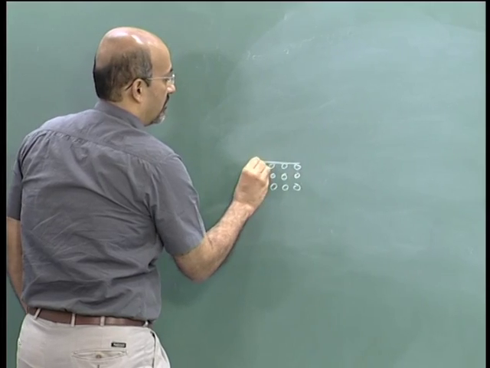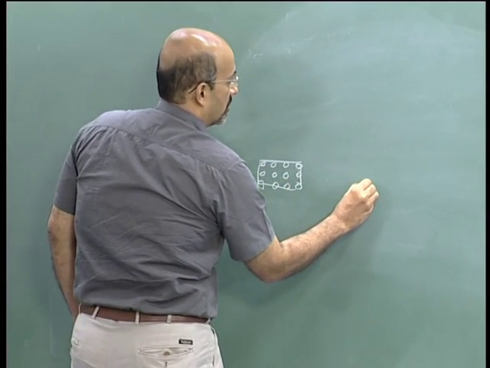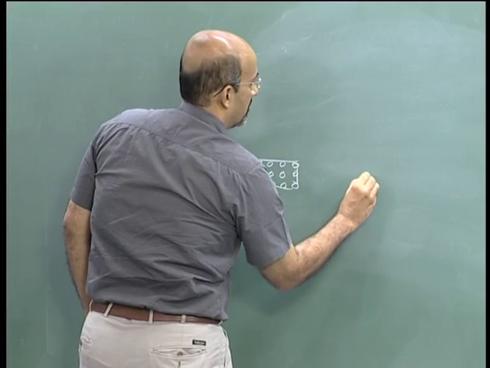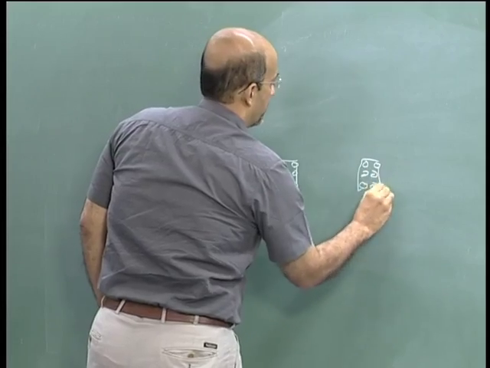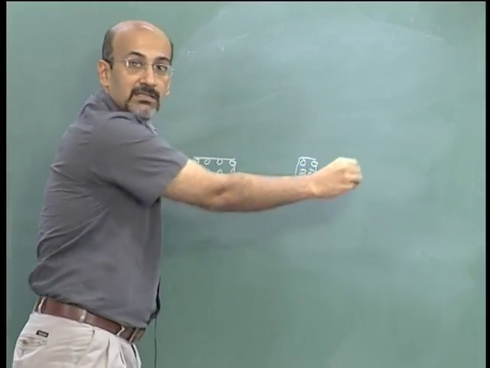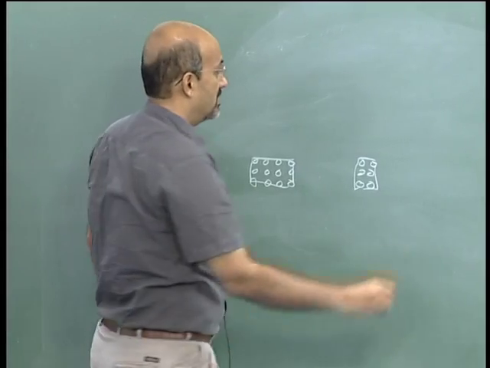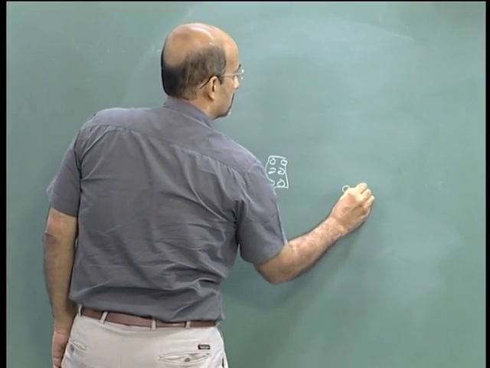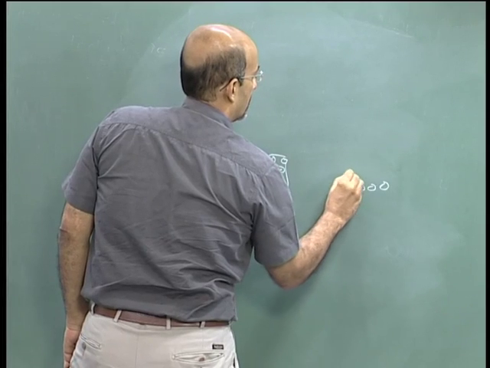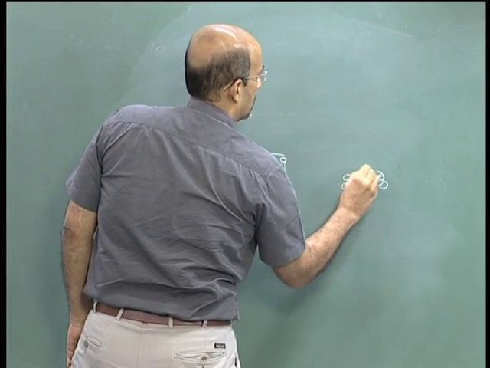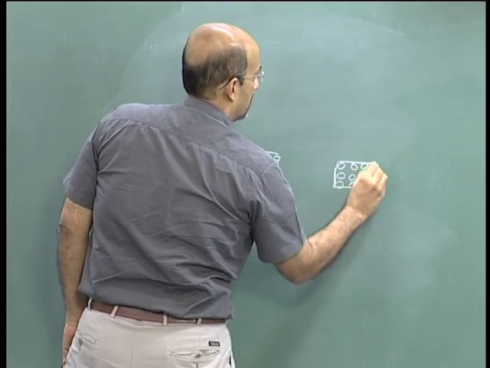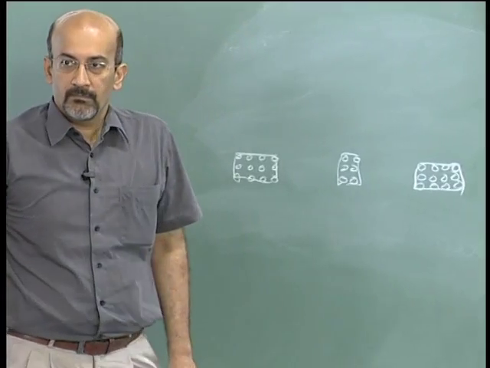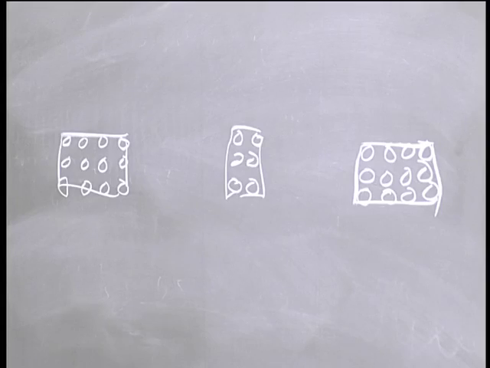So this is for one of the abutments. For the pier it's this way, and for the other abutment it is similar to this. This is how we get the numbers.